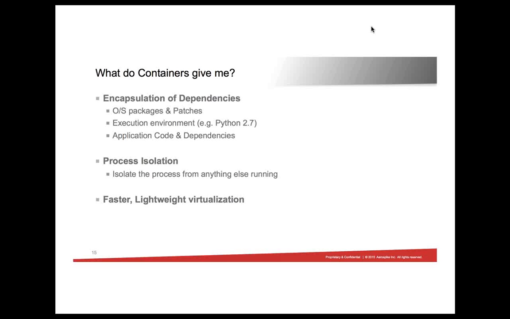Ultimately, what you're really doing is creating process isolation of the thing running inside the virtual machine, but the virtual machine gives you all of this baggage for the virtualization of the I/O and the network and all this other stuff, when all you really need in order to run these applications on the same physical hardware is process isolation. So one way to think about containers is faster, lightweight virtualization. That's an oversimplification, but it helps give you the context of why.